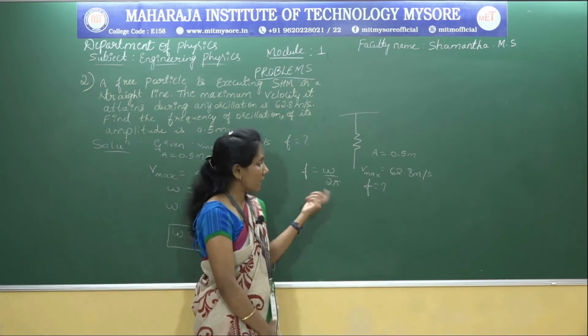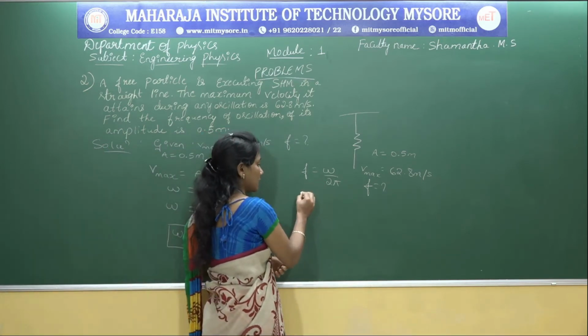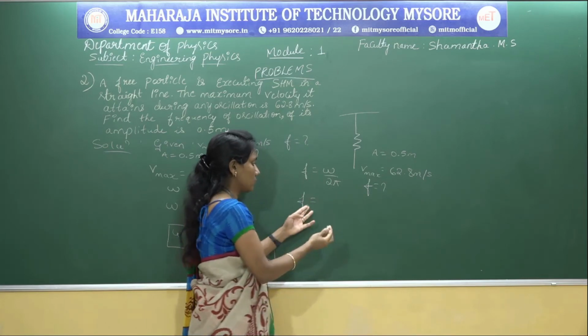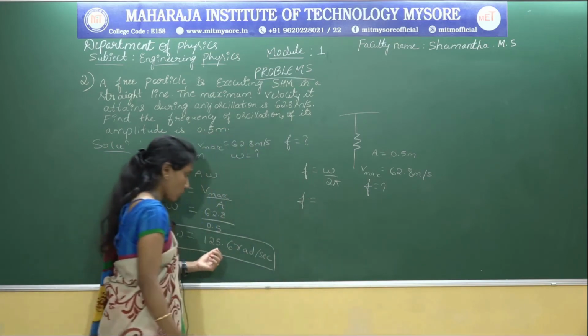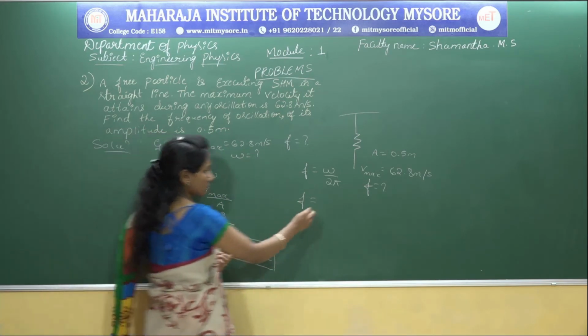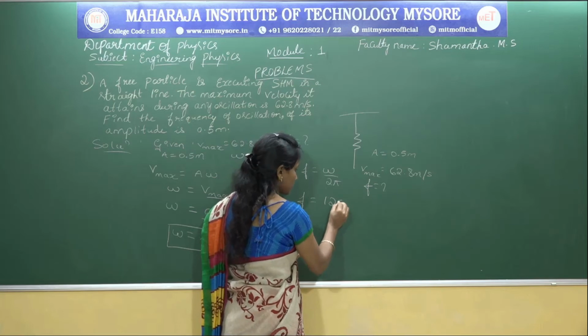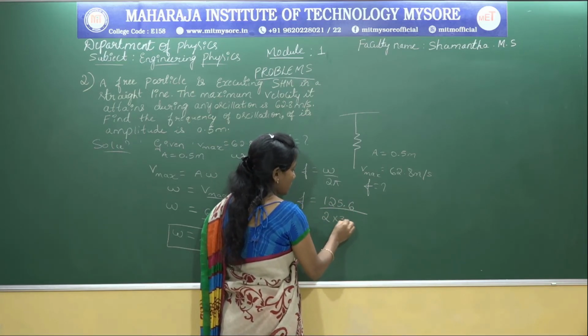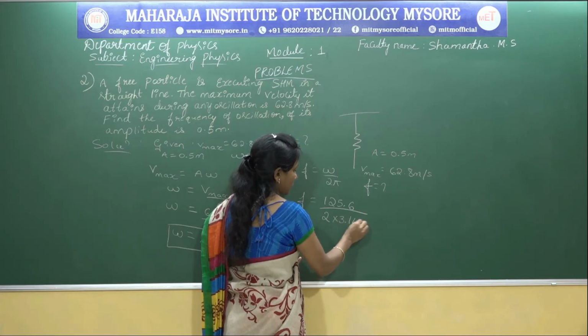Next I have to calculate the frequency. To calculate the frequency, F is equal to omega by 2 pi. Just substitute the omega value we got, 125.6, and next 2 into 3.14.